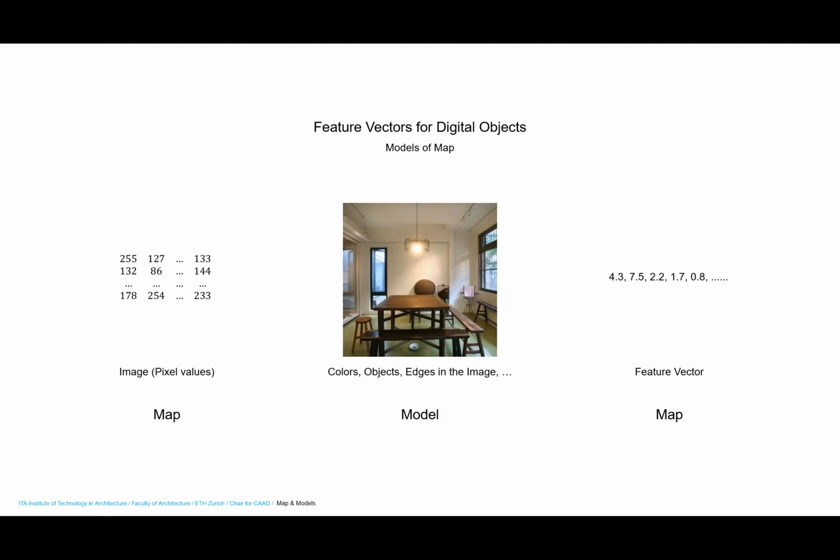Or we get the probability of the image having different kinds of objects, collect these probabilities, and represent them as a feature vector. So these are different ways of treating image values, and the result is another collection of numbers.